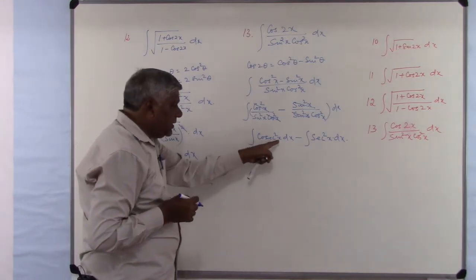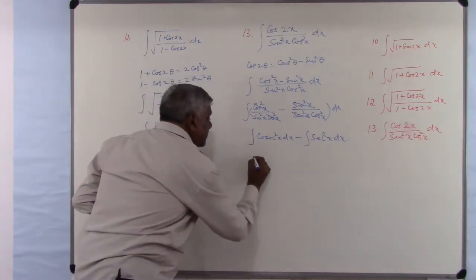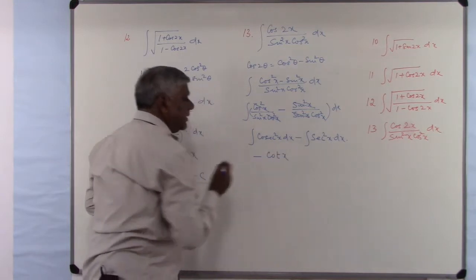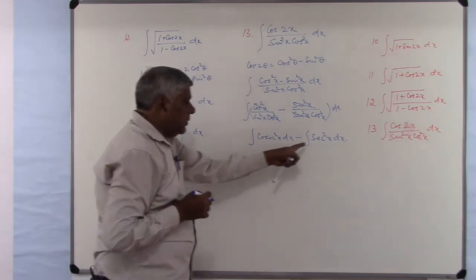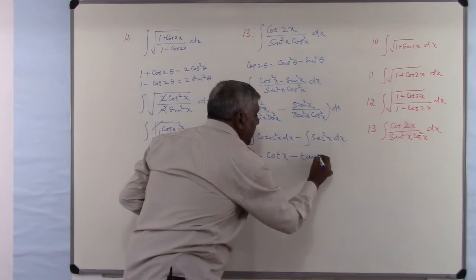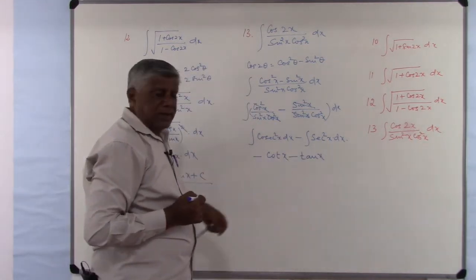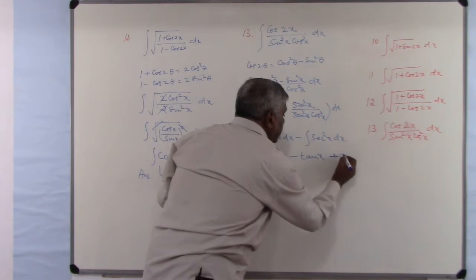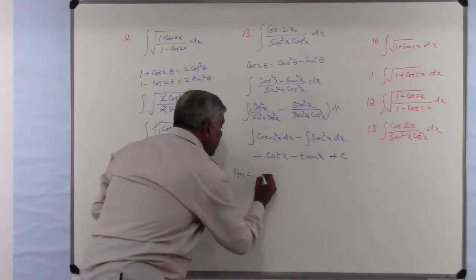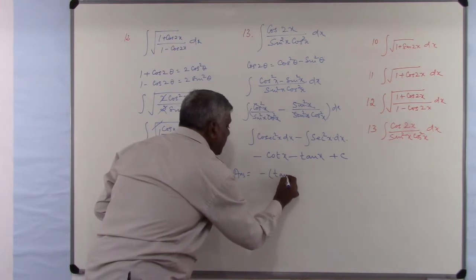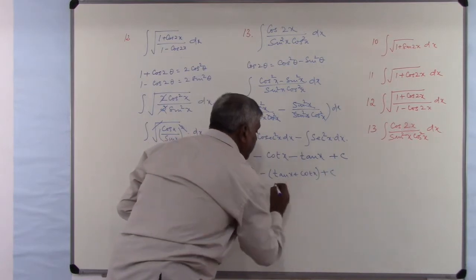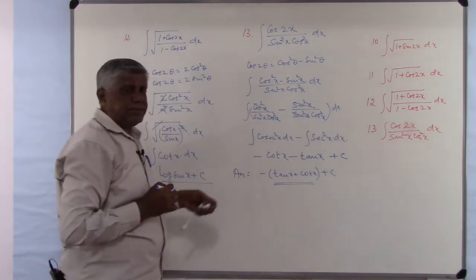Now integral cosecant square x is minus cot x. Now integral secant square x is tan x. So the answer is minus of tan x plus cot x plus c. This is the answer.